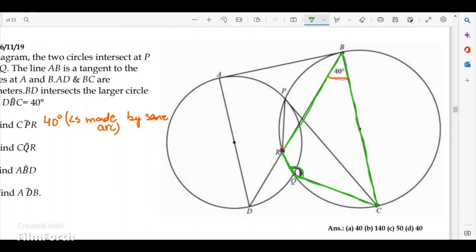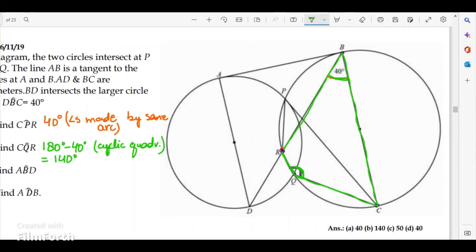So this and this should be supplementary angles. So that means CQR would be equal to 180 degrees minus 40 degrees, as it is a cyclic quadrilateral, and hence the answer is 140 degrees.